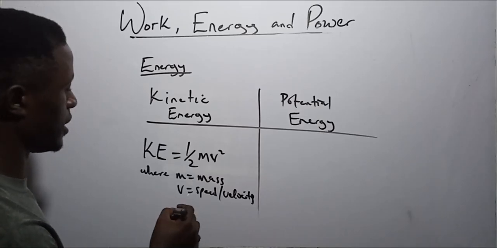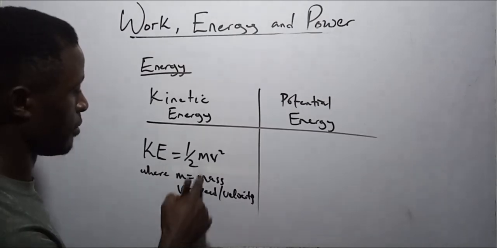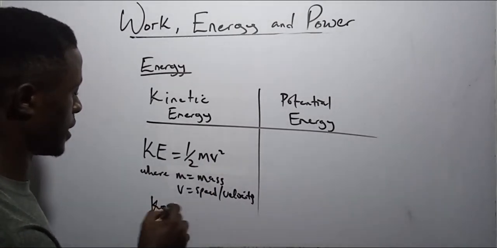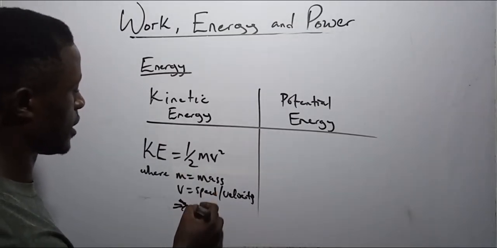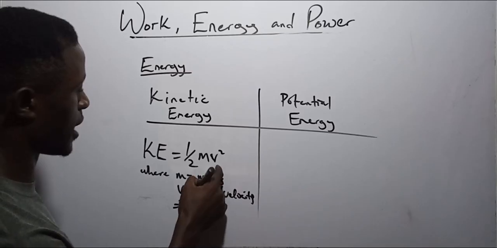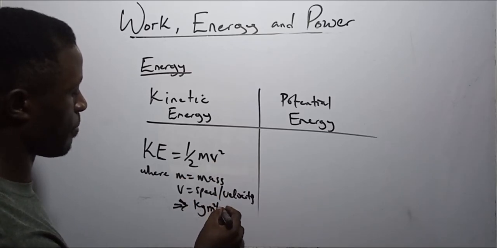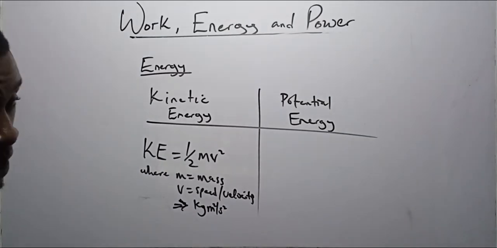And kinetic energy is measured in joules. Mass is in kilogram, and velocity is in meters squared per second squared.